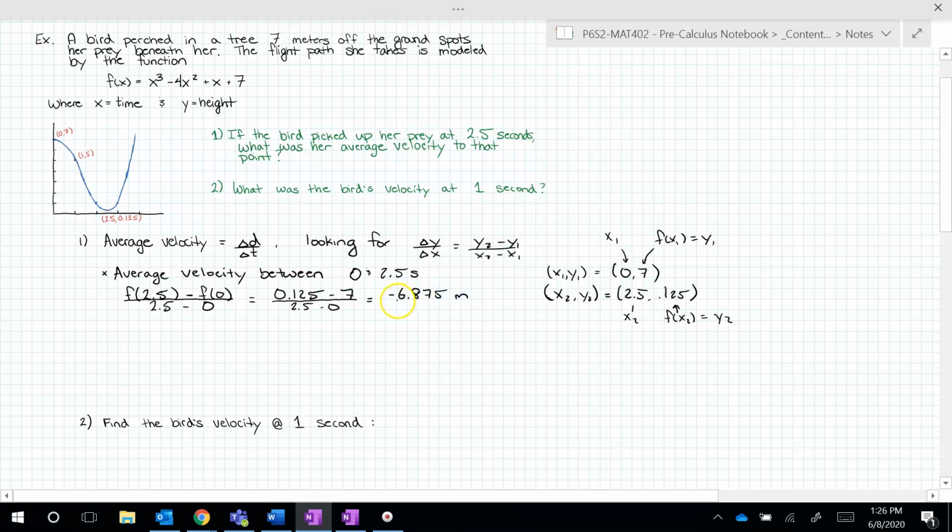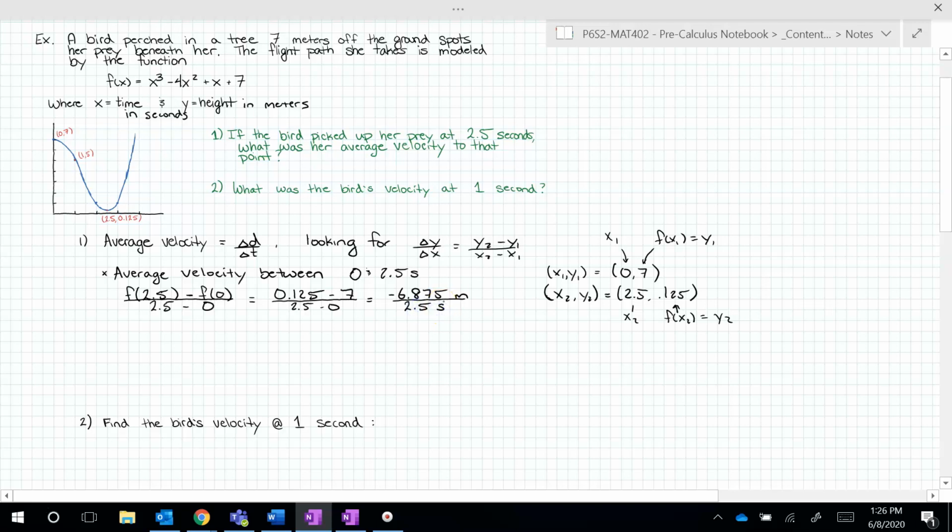Again, that's meters. My y is the height in meters here, I should say. X is the time in seconds. And this is 2.5 seconds.